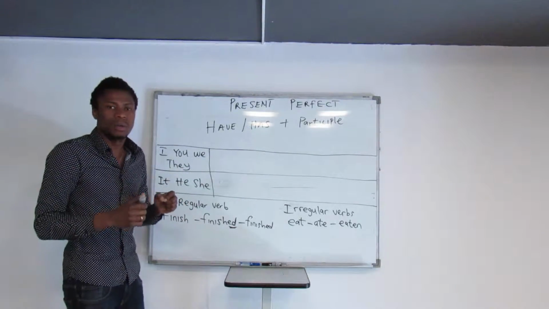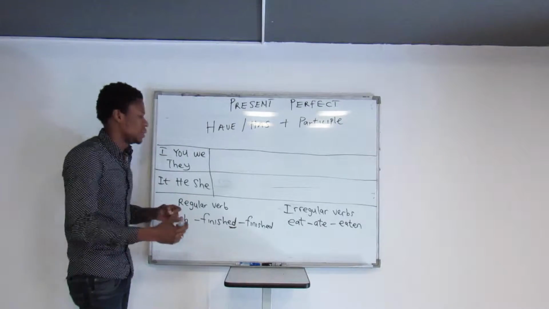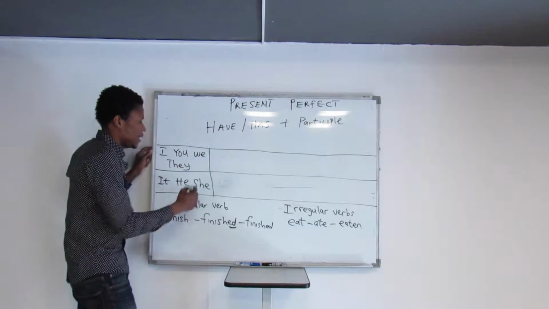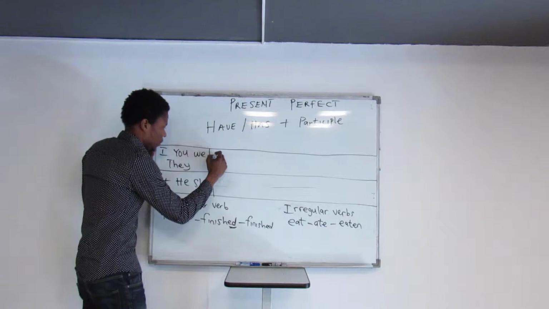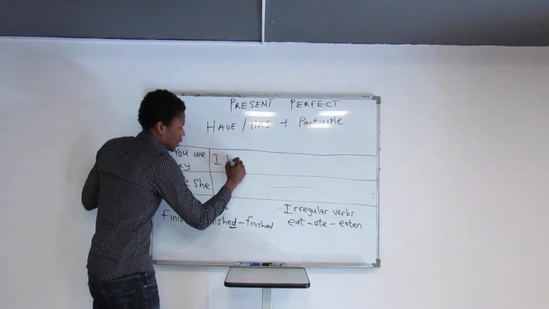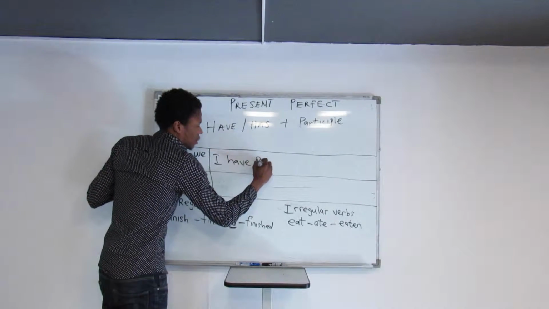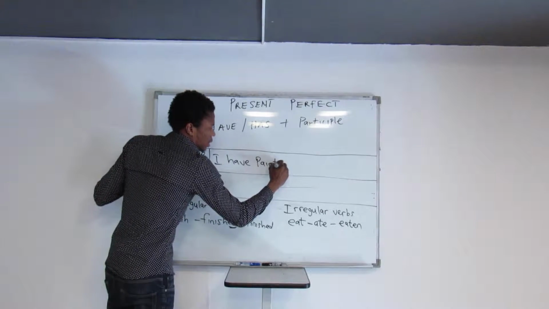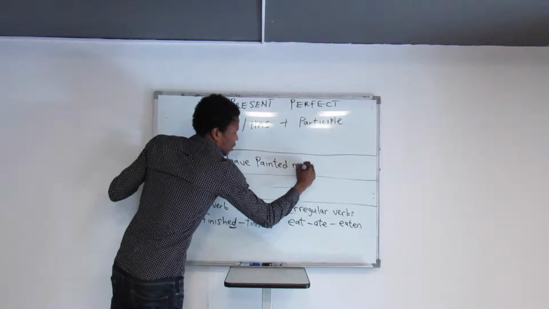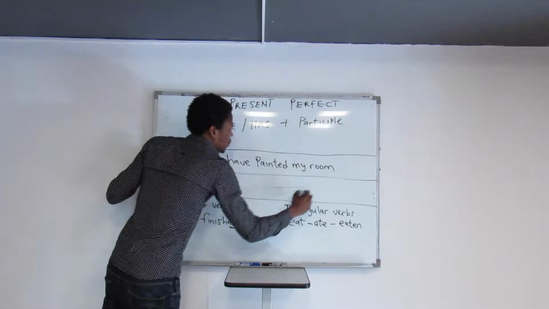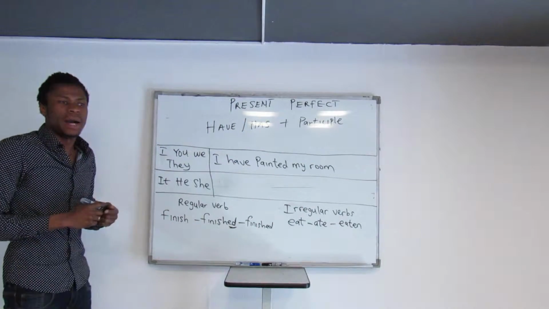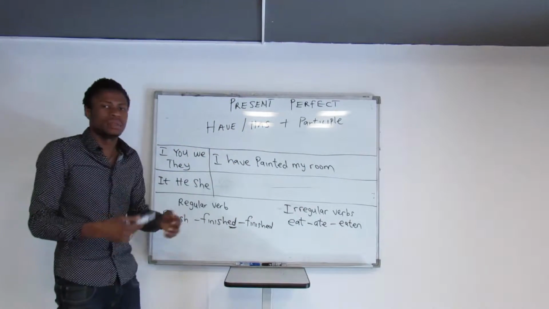Now we're going to talk about using it for a positive sentence, like I have painted my room. I have painted my room is a positive sentence.